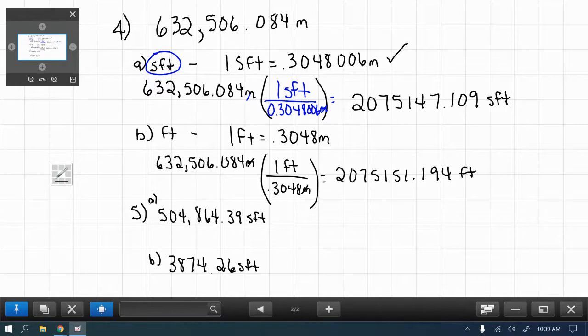So this time I want to know meters. So meters go on top. So just knowing what they're asking for lets you know when you do your conversion which one goes on top.